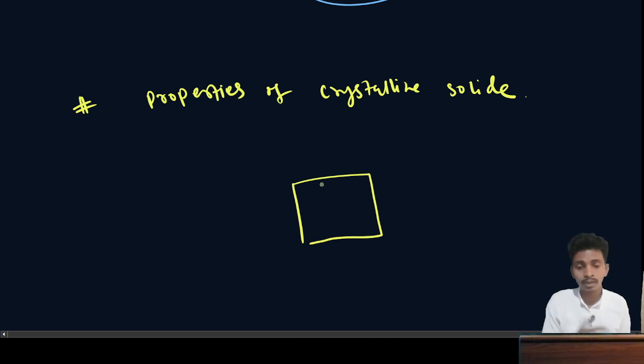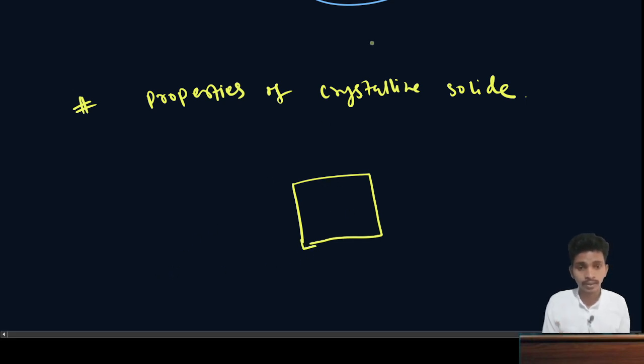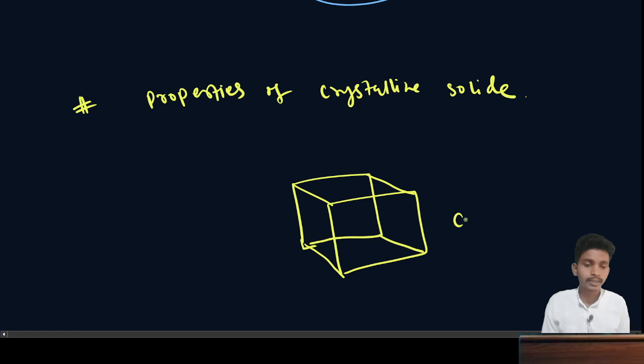By making unit cells, we make this crystalline solid. Let's say this is the crystalline solid.